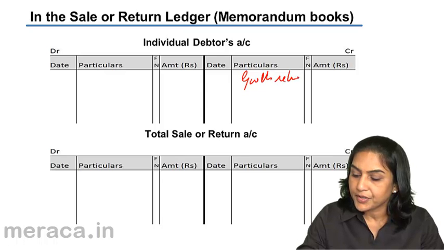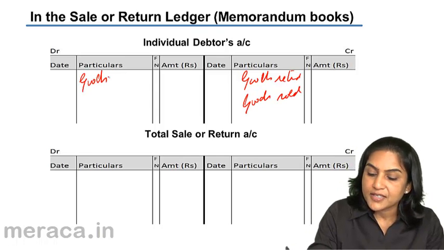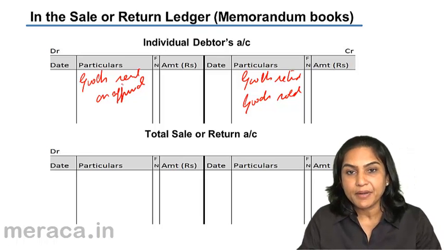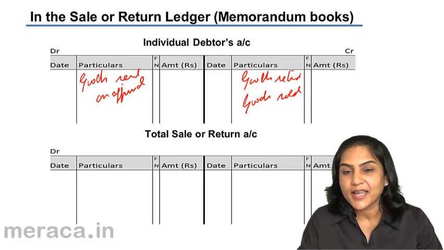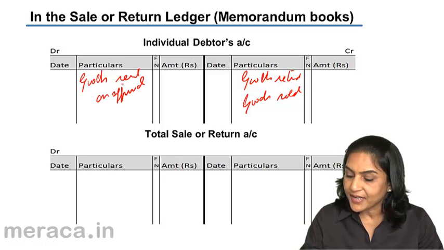Therefore, the balance in this account would be a debit balance indicating the balance lying with the particular customer at the selling price. The total sale or return account is credited whenever goods are sent on approval.